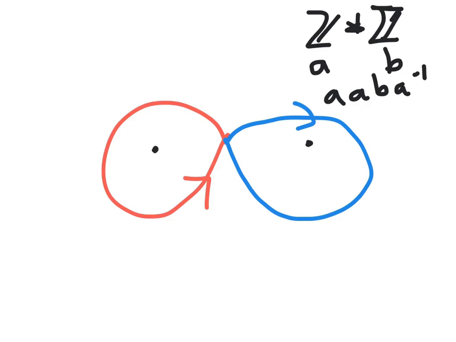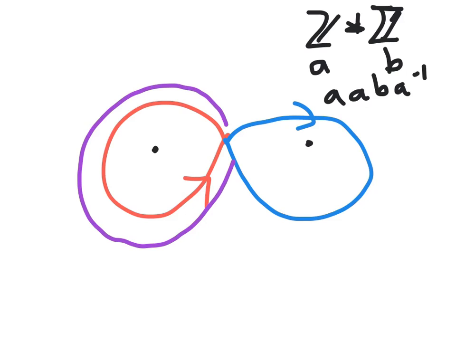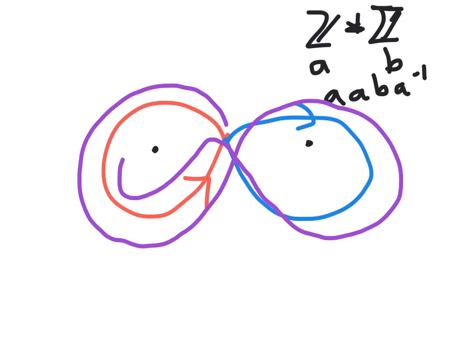So if they're not supposed to commute with one another, that means that if I do A and then B and then A inverse and then B inverse, the loop I get should not be homotopic to the constant loop.